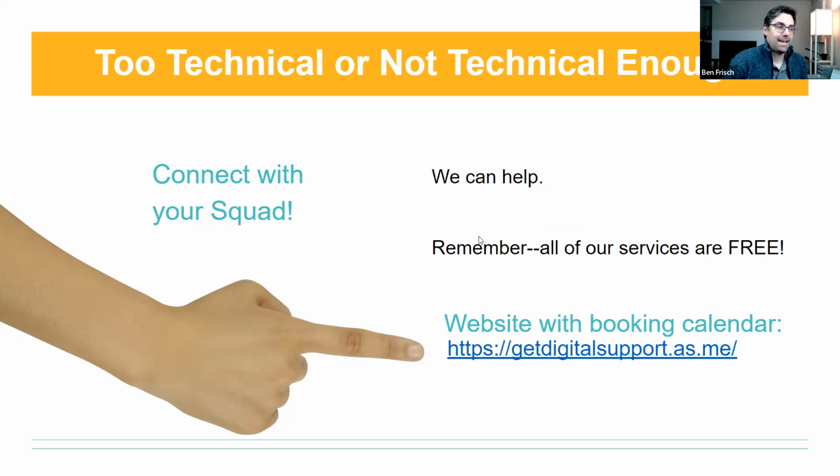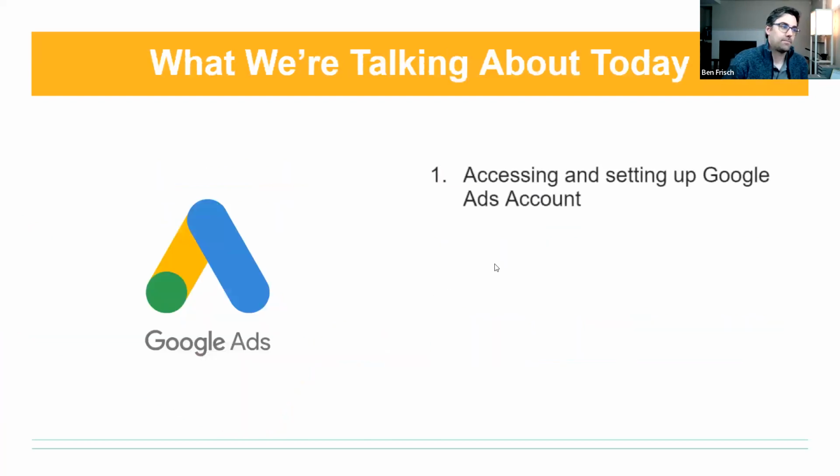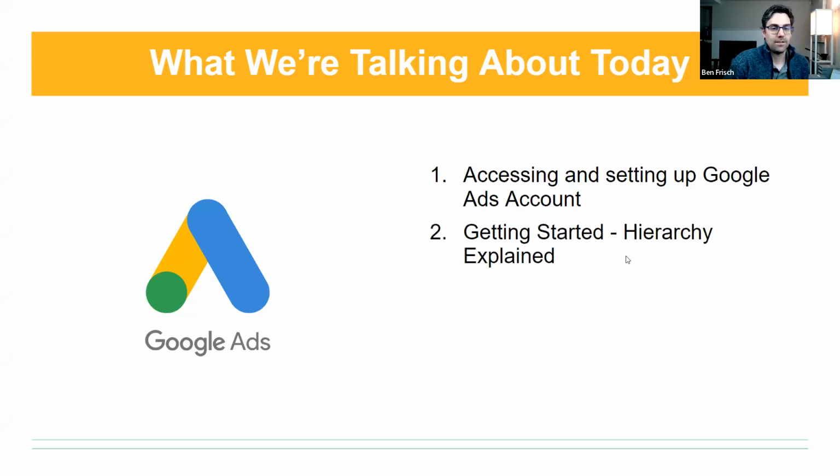We're going to be looking at a few things here. We're going to take you through accessing and setting up a Google Ads account. I'm not going to necessarily go through the full setup process because I don't want to eat up too much time, but just cover that real quick. And then we're going to talk about getting started. I do want to touch on the hierarchy and how ad campaigns are set up in Google Ads.